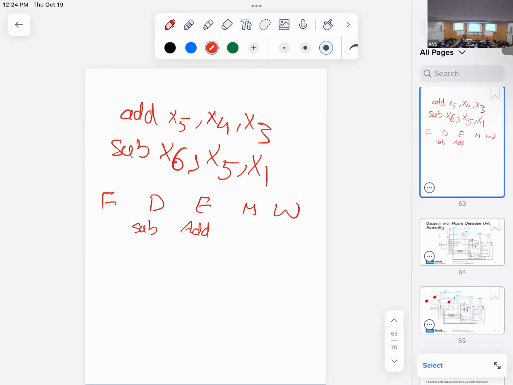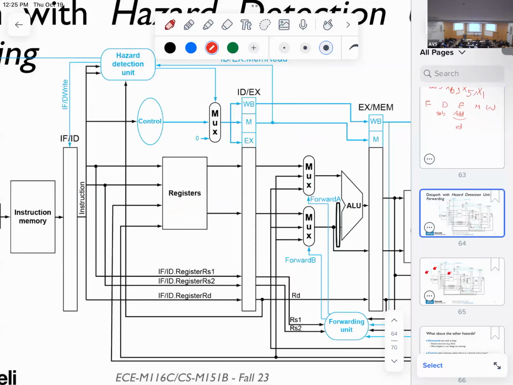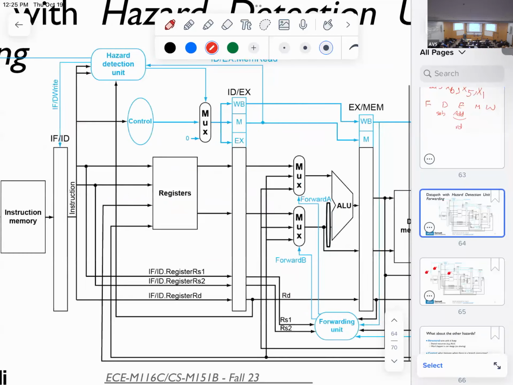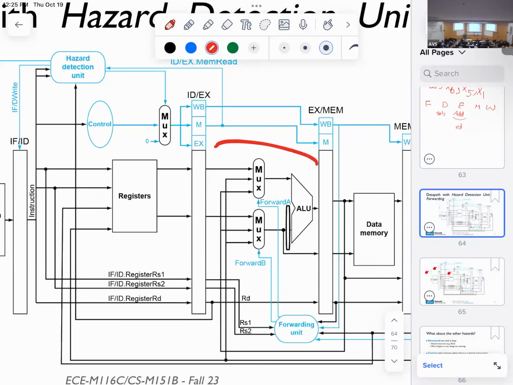So at this point, here's what we're going to check, right? We're going to check and see that the RD of this instruction that is currently here will be similar to one of the RS of this instruction, okay?